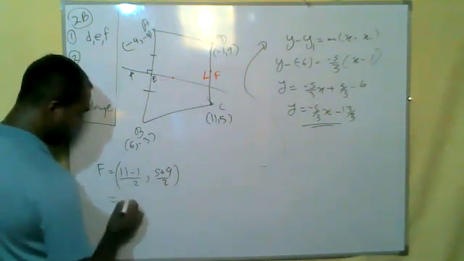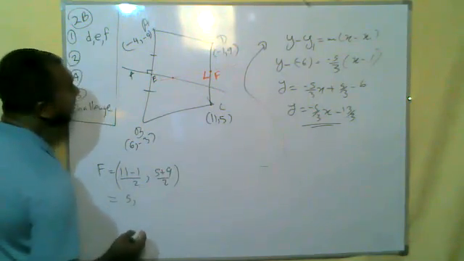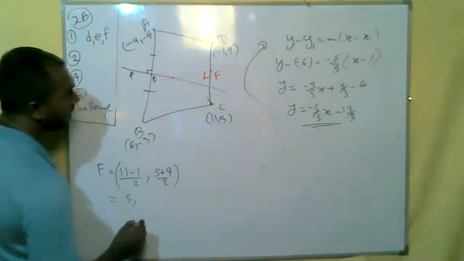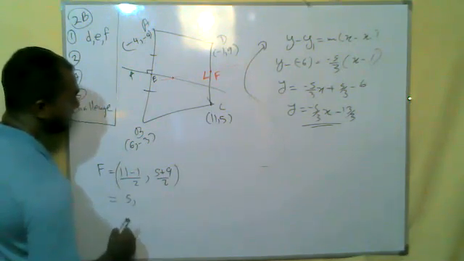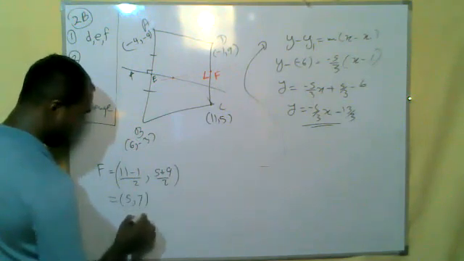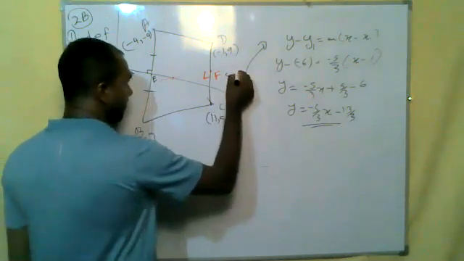Got 10 divided by 2, 5. 14 divided by 2, we get 7. So F is (5, 7).